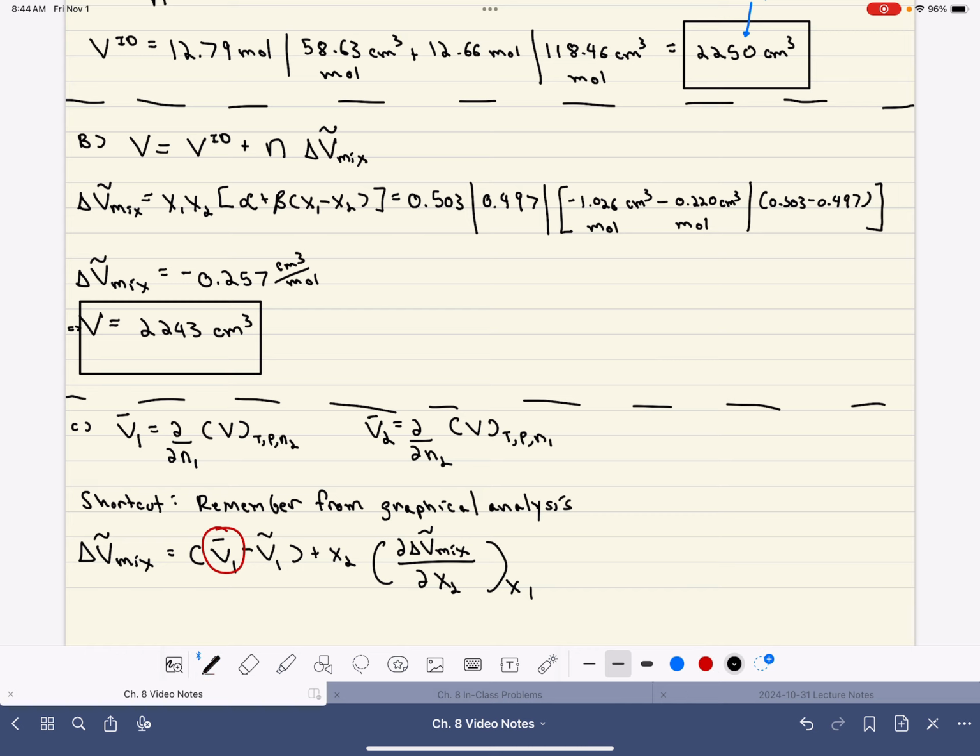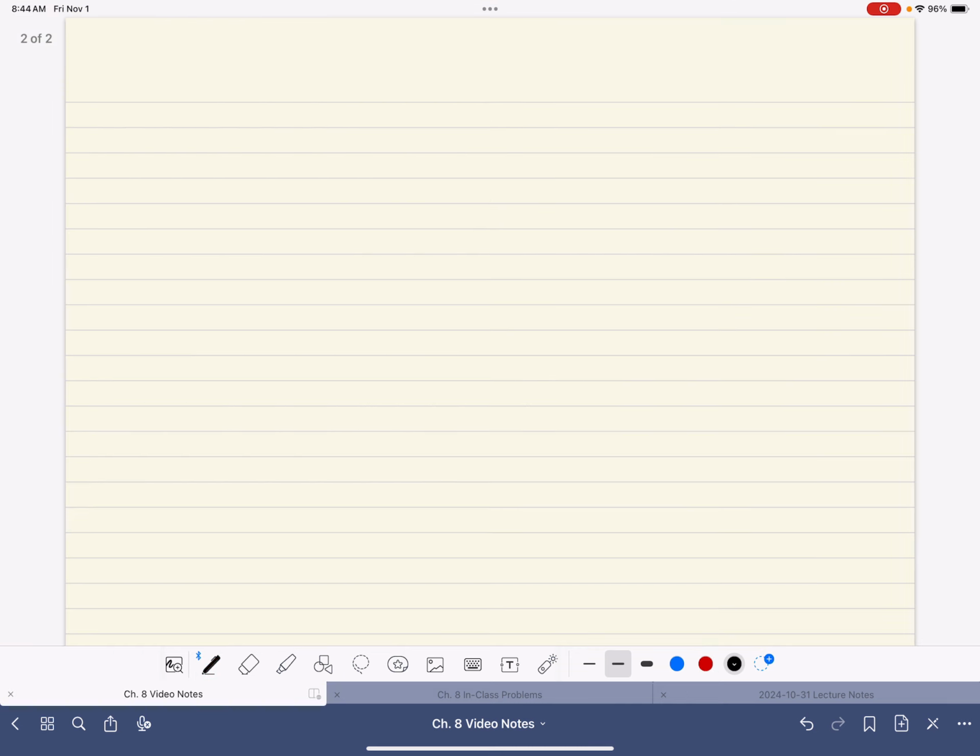So if I go to the next page, what we have is we could say V1 bar is equal to V1 molar, that's delta V mix, minus x2 d delta V mix dx2, at constant x1, T, and P.